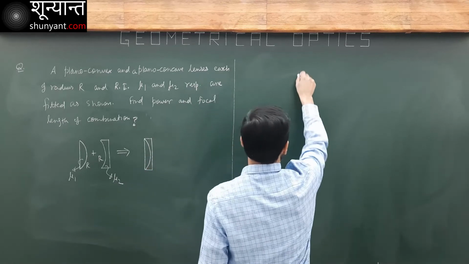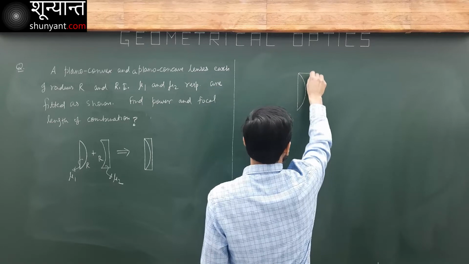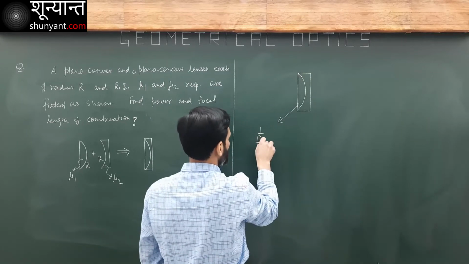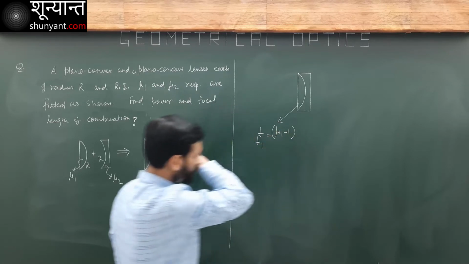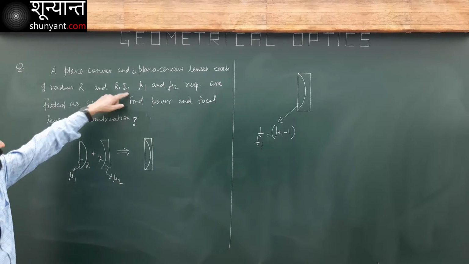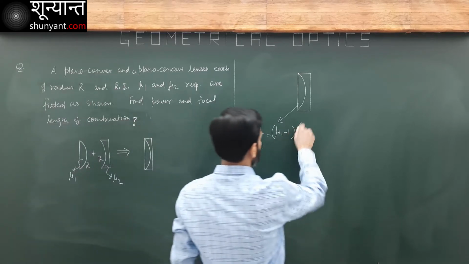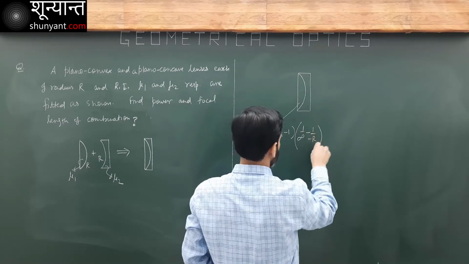I have this combination here, a plano convex and a plano concave thing. Let's say that 1 over f1 is going to be equal to mu1 minus 1, mu1 for refractive index here, mu2 here. And then this is 1 over infinity minus 1 over minus r.